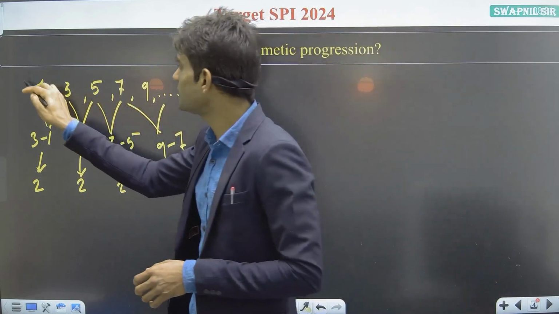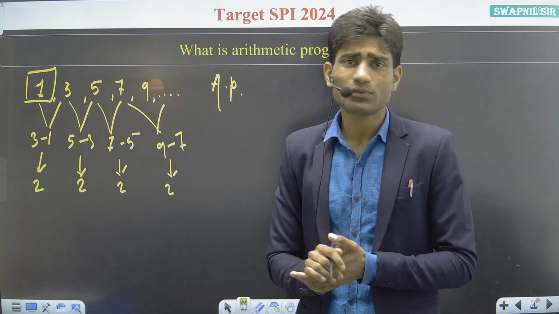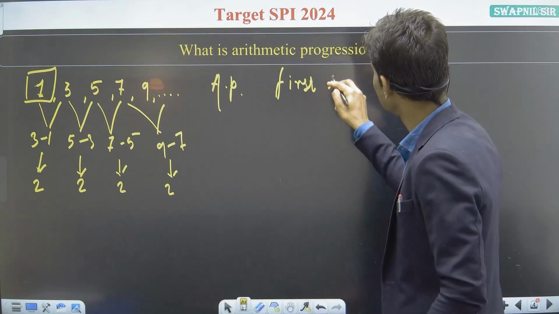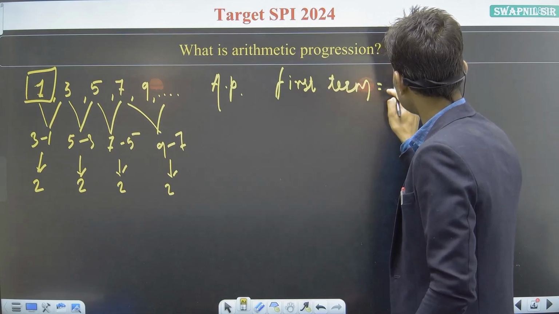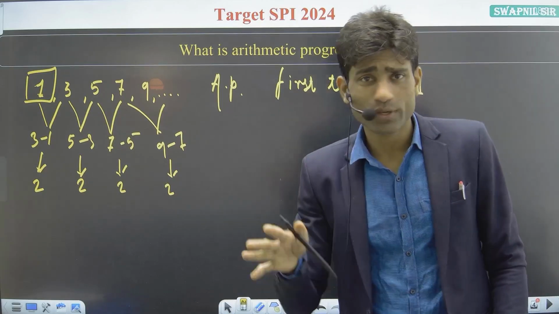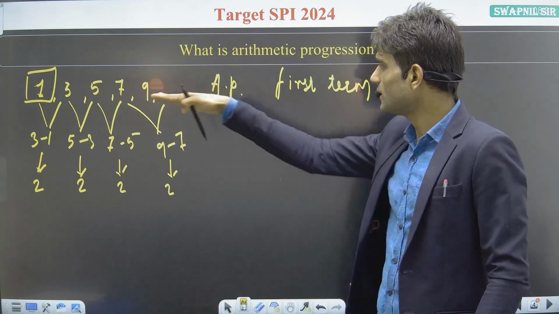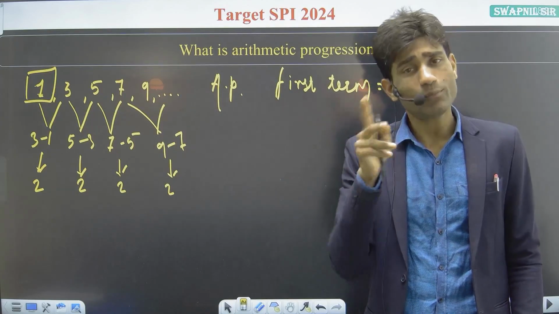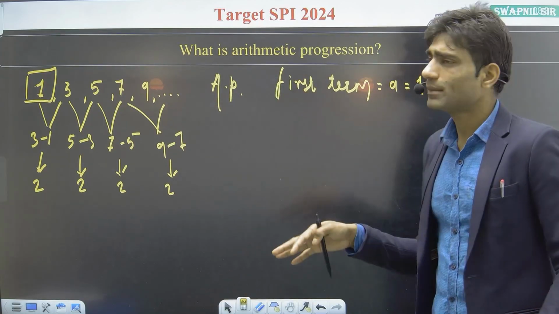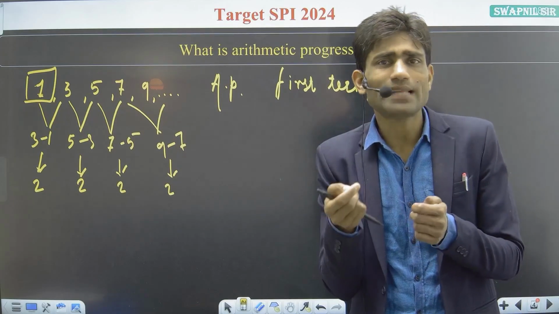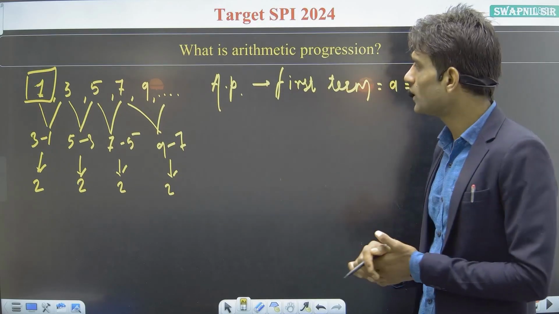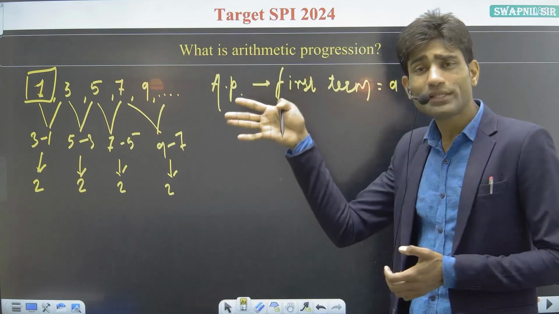We have the first term here as 1, and we always write the first term as a, which is equal to 1. So in our sequence the first term a is equal to 1. We have already confirmed that if the sequence gives the same common difference for two consecutive terms, then this sequence represents an arithmetic progression. But in arithmetic progression we have some identities that we need to understand first. So we write the first term as a equal to 1, and the second term you may write as a2, which is equal to 3.